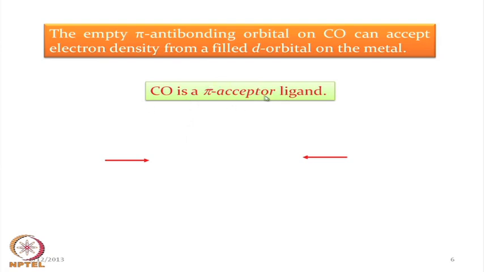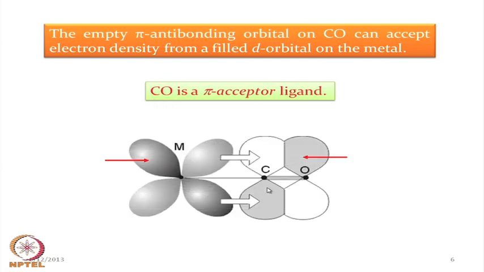It is the strongest possible one, though it does not have any charge on it which can be utilized for the donation of electronic charge to the metal orbital. Only thing is that it has some symmetry adapted pi acceptor orbital available for the acceptance of the electron density. So, in the low oxidation state of the metal, the electron density is pushed to this level and we get a very strong interaction between the metal and the carbon monoxide molecule.